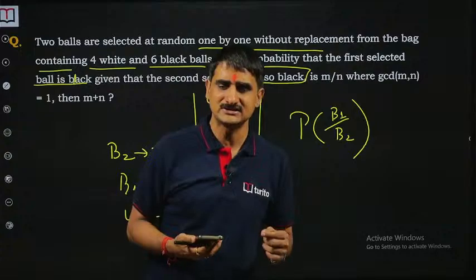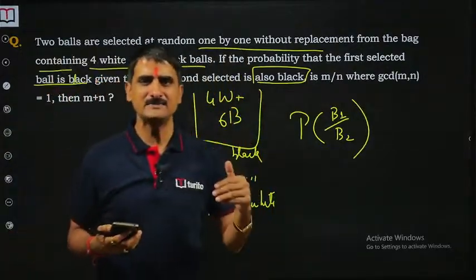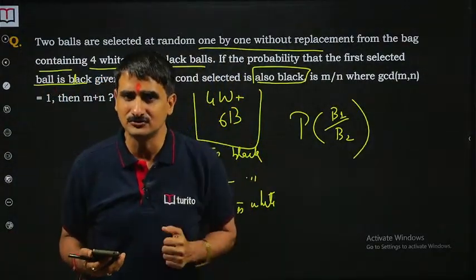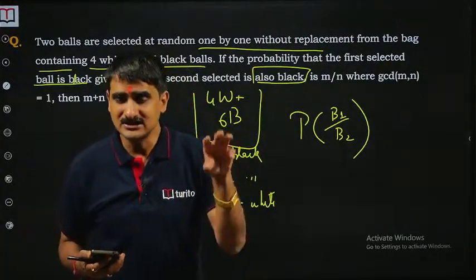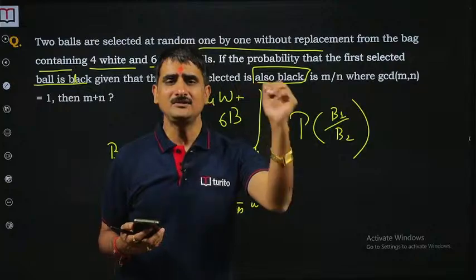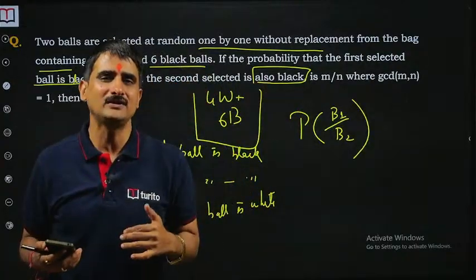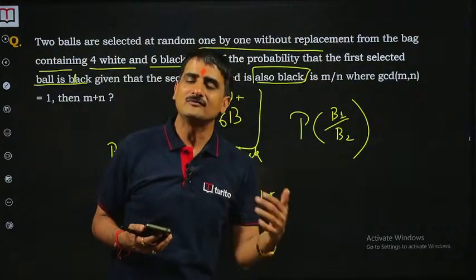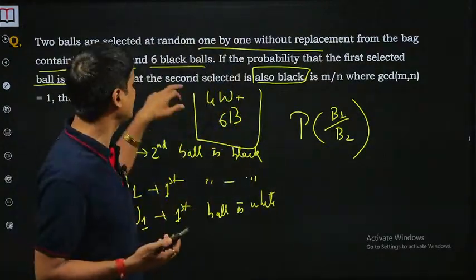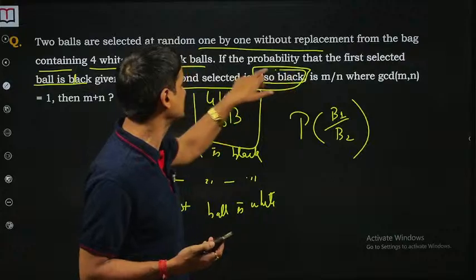Because as I always say, if the experiment involves 2 or more than 2 sequence of events, and the result of the final event is given and you are asked the probability of the event that occurred in the past, in the previous step. So here also it is given that the second selected ball is black.